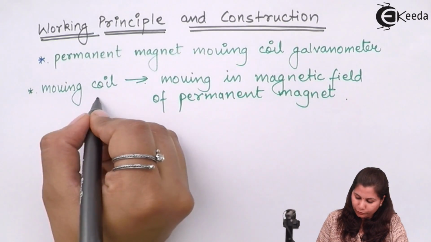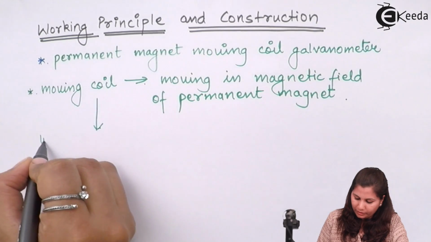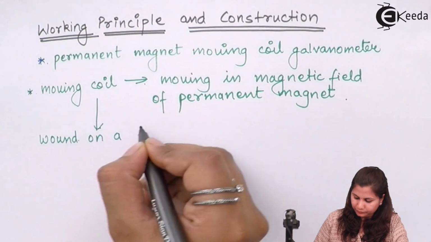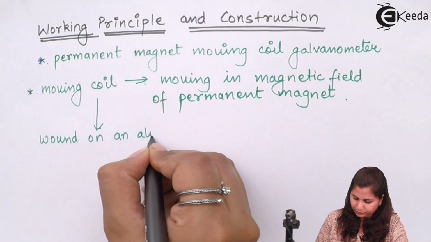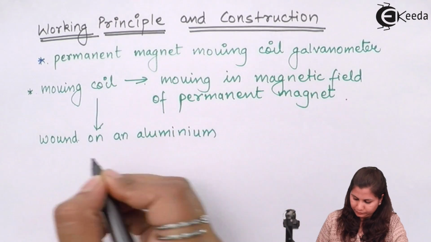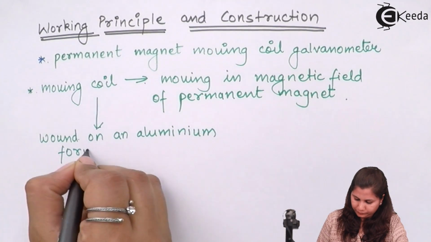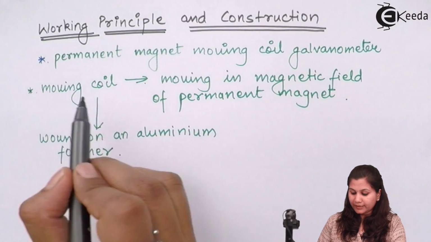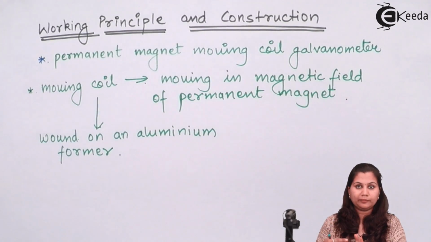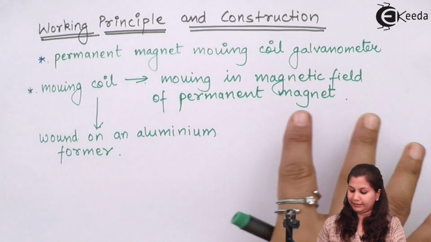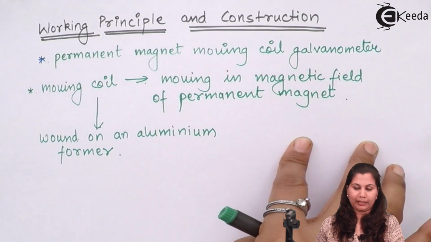This coil is wound on an aluminium former, and this former is allowed to move freely in the magnetic field of the permanent magnet.